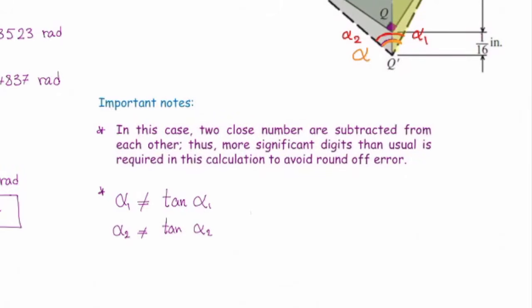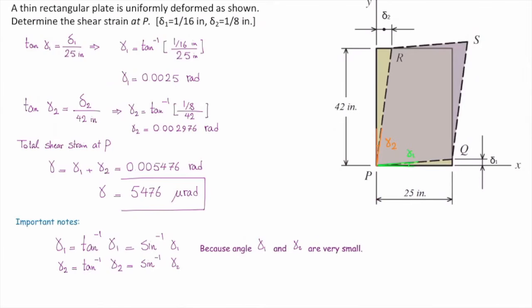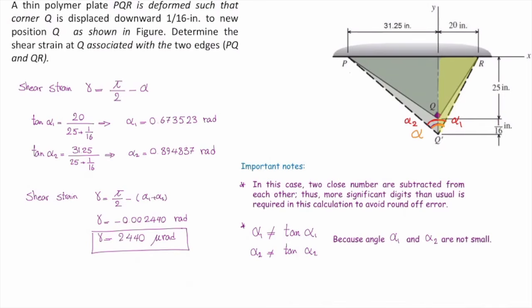Why? The reason is alpha 1 and alpha 2 are not small. As opposed to what we had here, where gamma 1 was equal to inverse tangent of gamma 1 or tangent of gamma 1, here we can't say alpha 1 is equal to tangent of alpha 1.